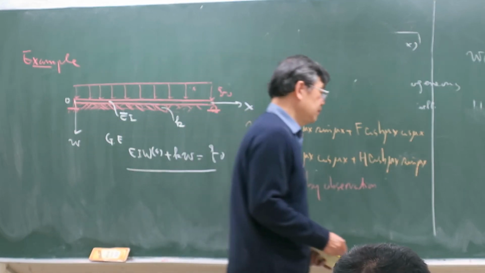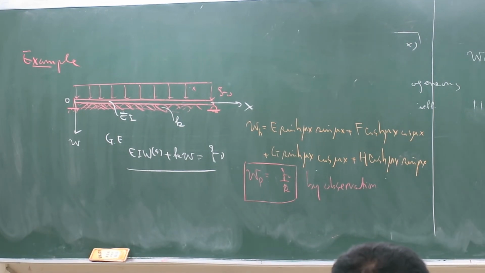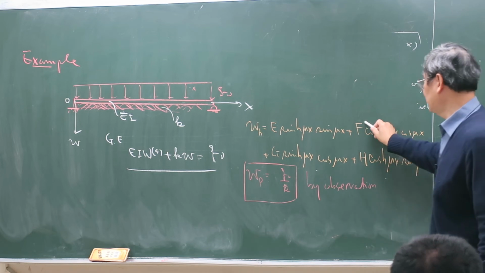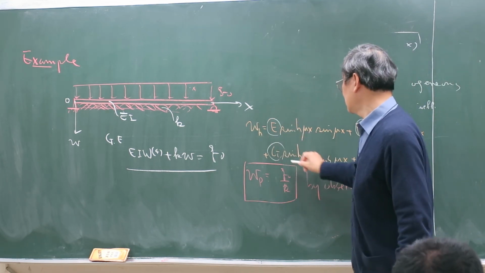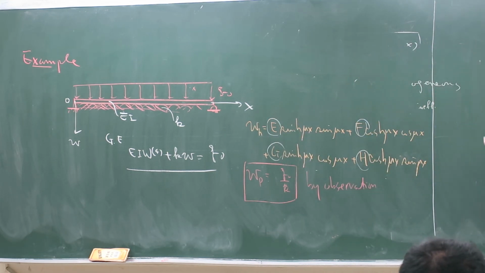So now my solution is homogeneous plus particular solution. All right? So we have 4 undetermined coefficients, and my boundary conditions are what?